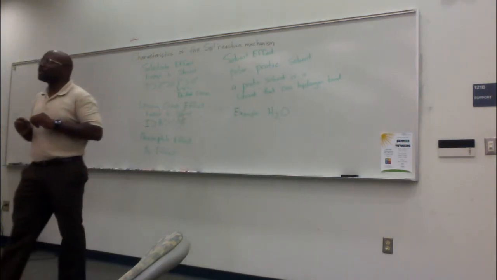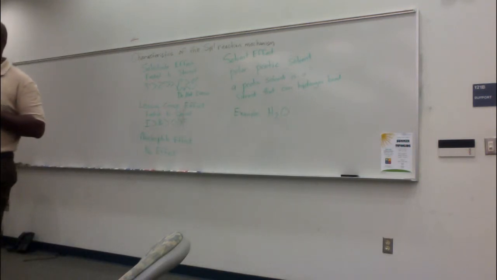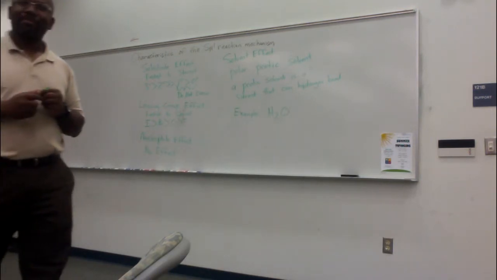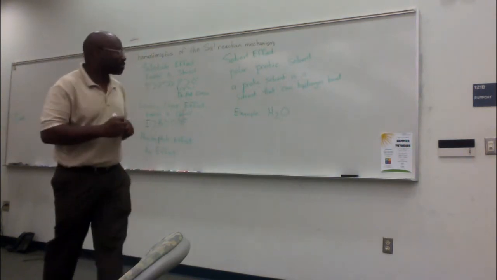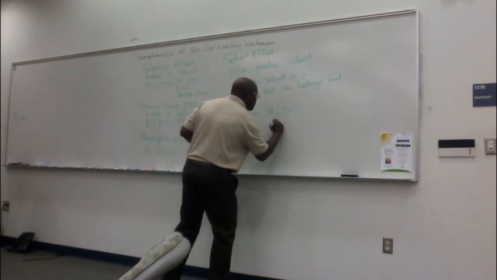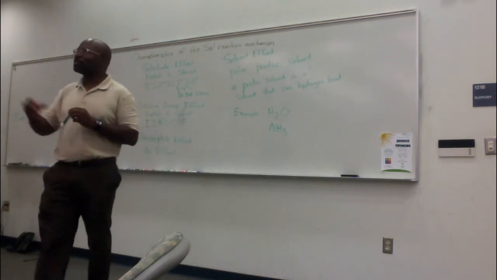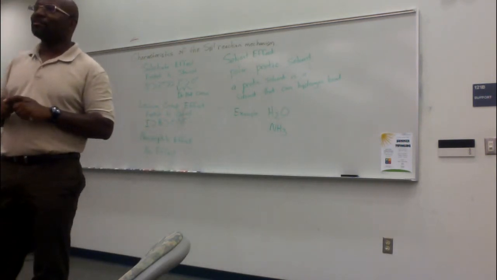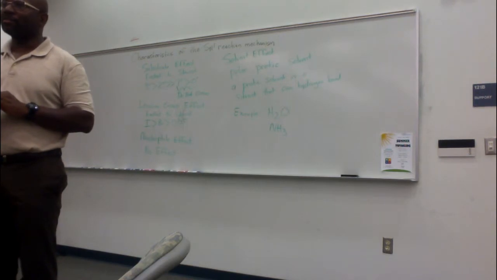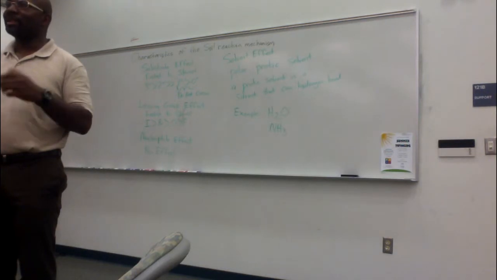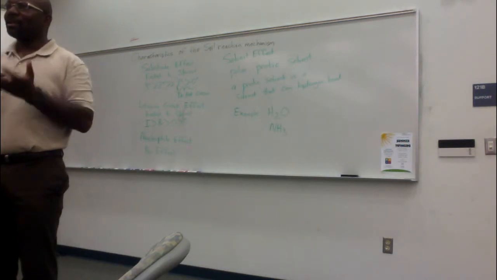Here's another example of a polar protic solvent: NH3. Give me a third example of a polar protic solvent. Alcohol. I don't use HCl that much because HCl has two bad things with it: it leaches calcium out of the body, and it eats up glassware.